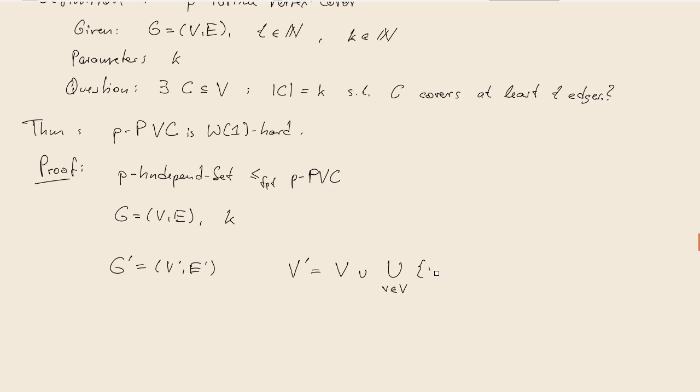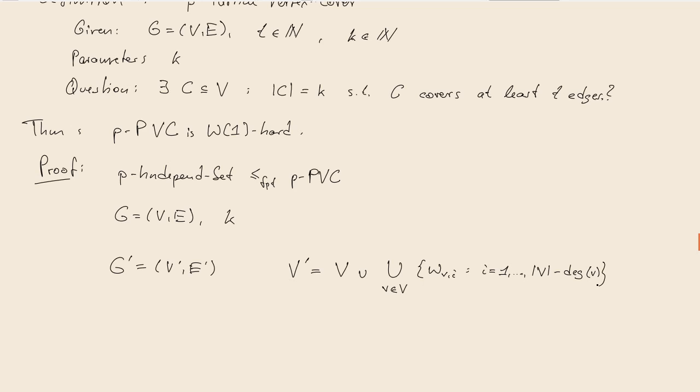Say it's w_{v,i}, and we just need a few copies, i from 1 up to, now comes the interesting part, v minus degree of v.